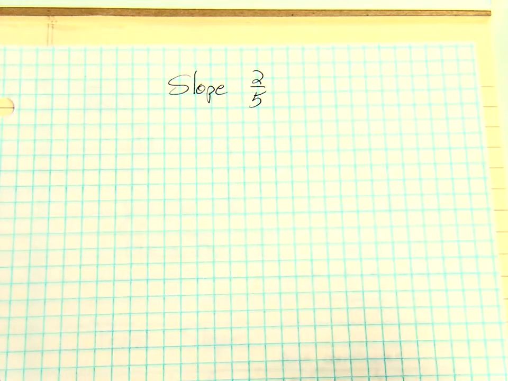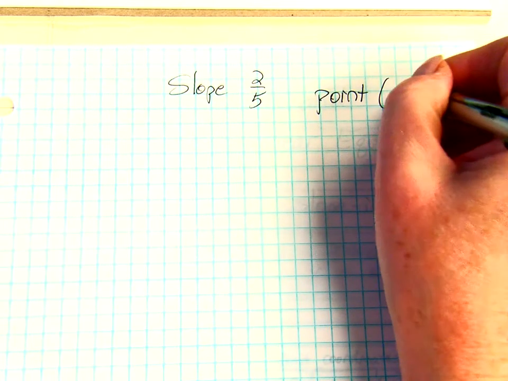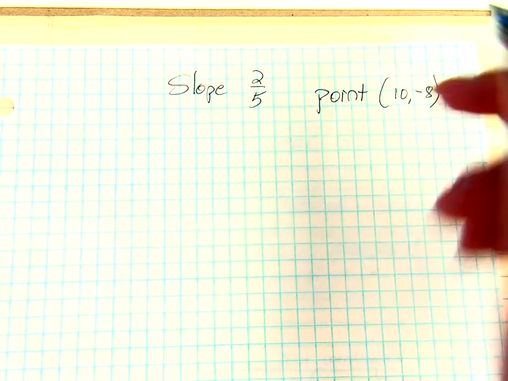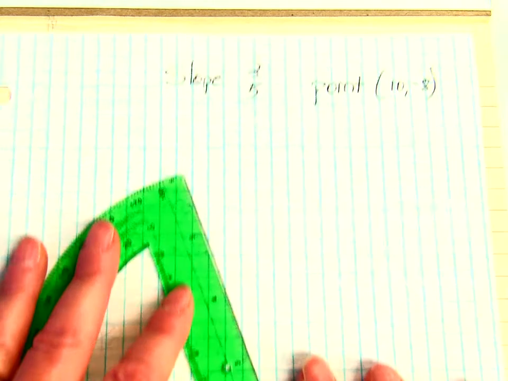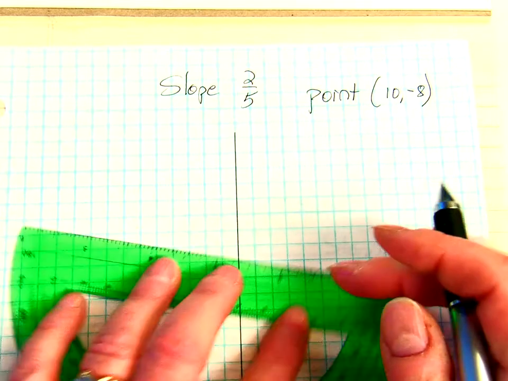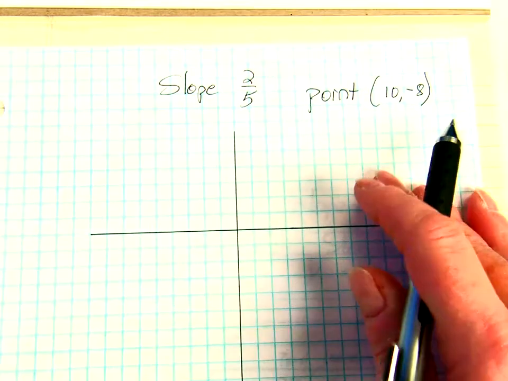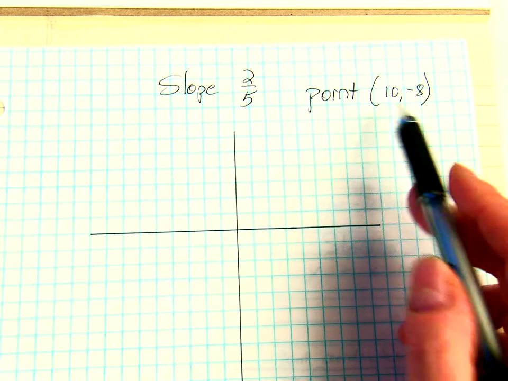Let's say I'm going to graph this, and again, I have a slope of 2/5, and I have a point, and my point is (10, -8). So you have the equation already, and now all you're going to do is make your coordinate plane and find that point.